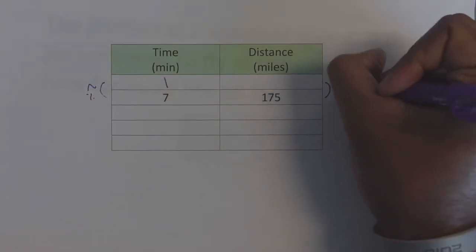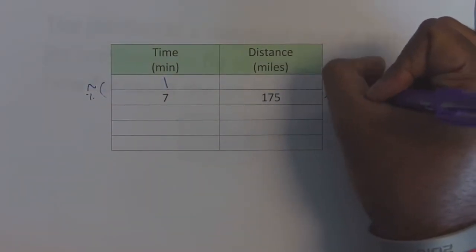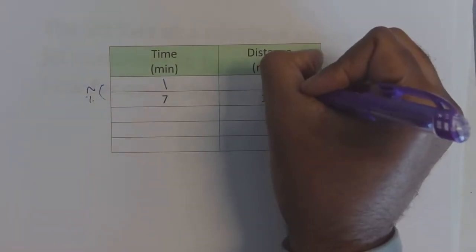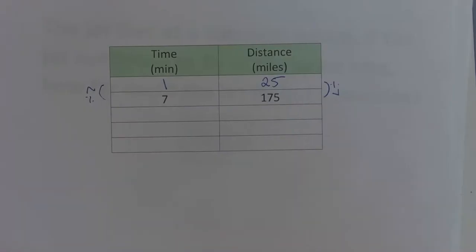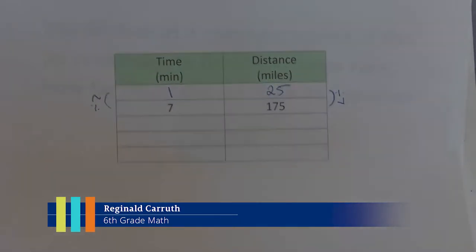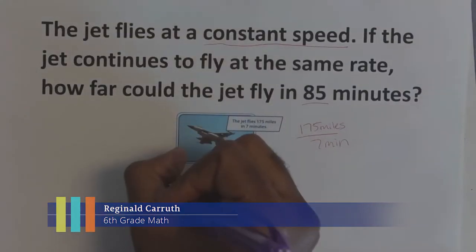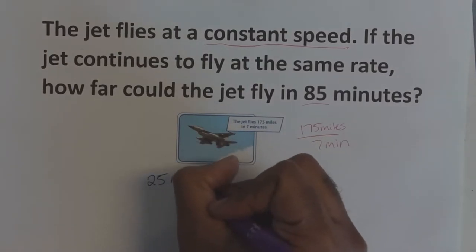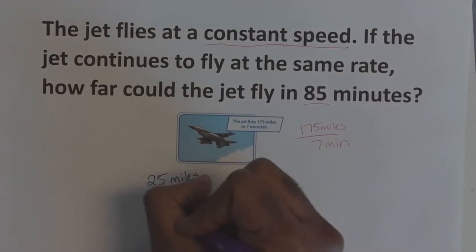And I'm going to divide this by 7 to give me what? Correct, 25. So now this tells me that the constant speed from this was 25, or my unit rate is 25 miles per 1 minute.